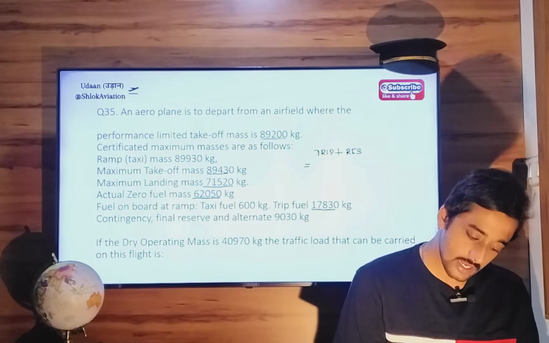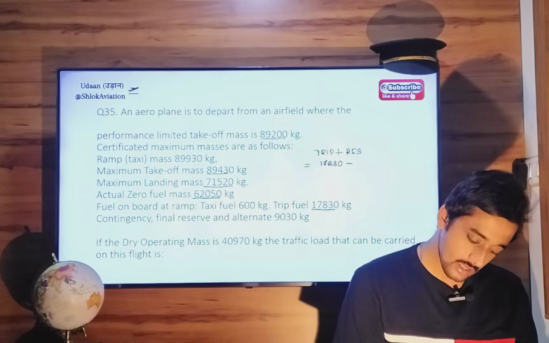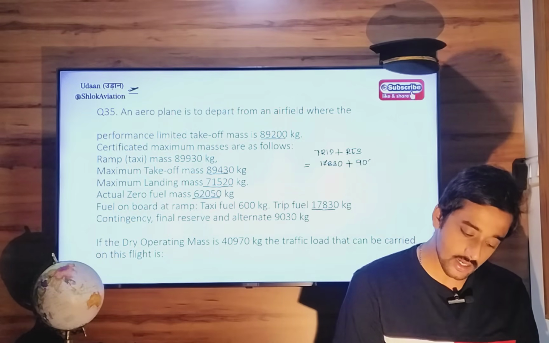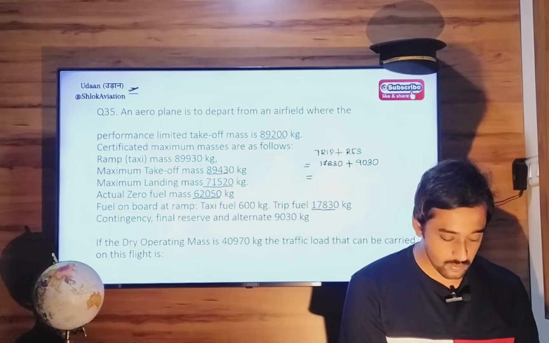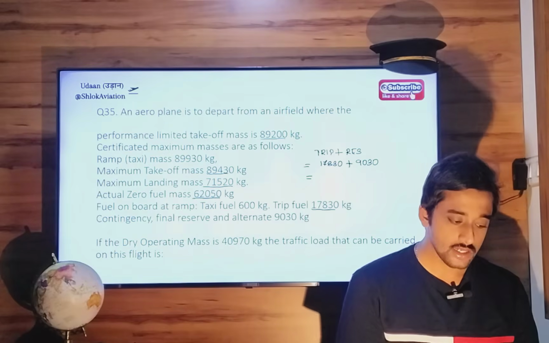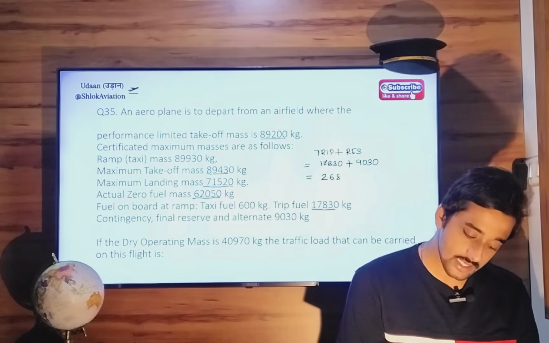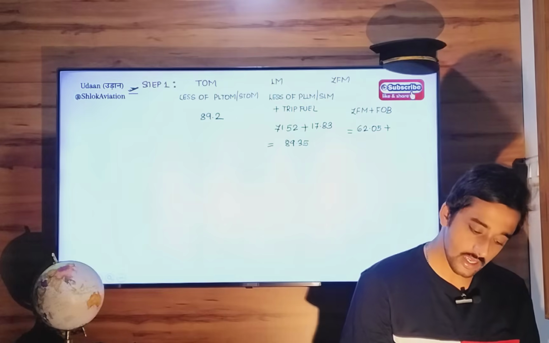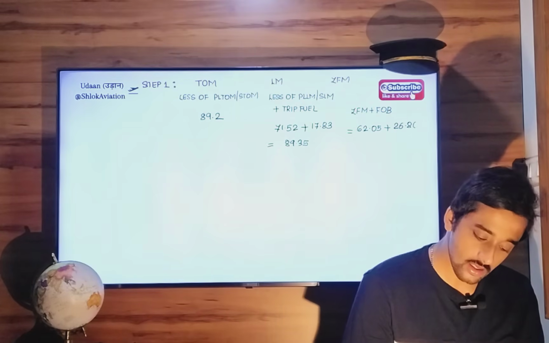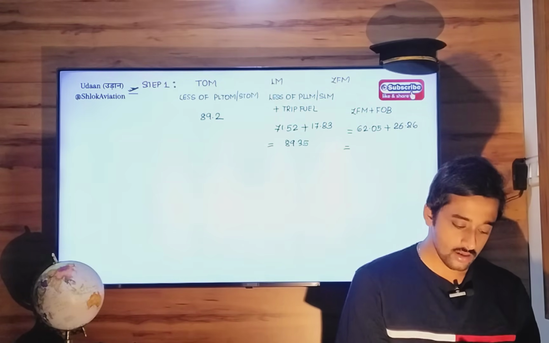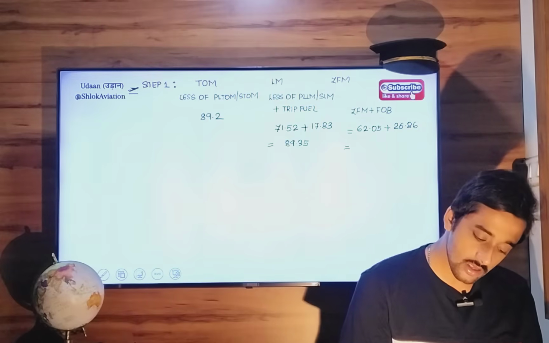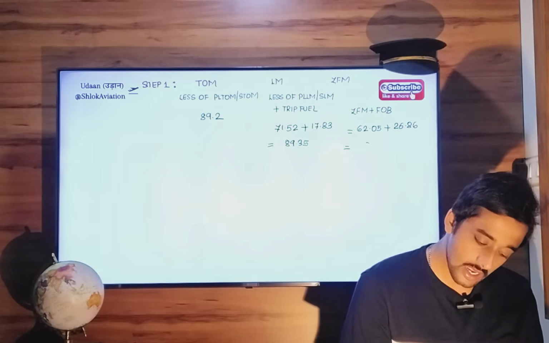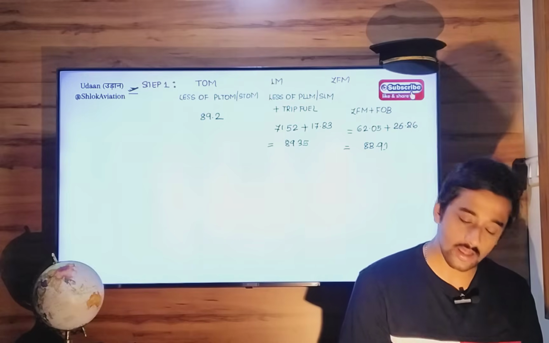So trip fuel is 17,830 and other fuel is 9,030. So 17,830 plus 9,030 is 26,860. So 26.86. 26.86 plus 62.05 is 88.91.